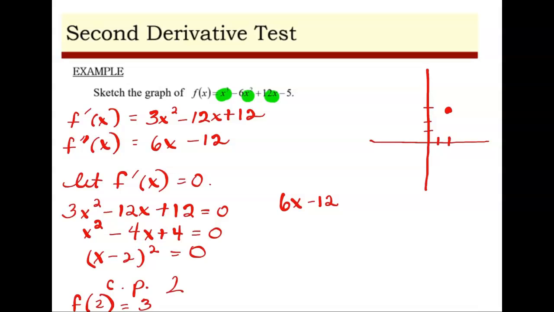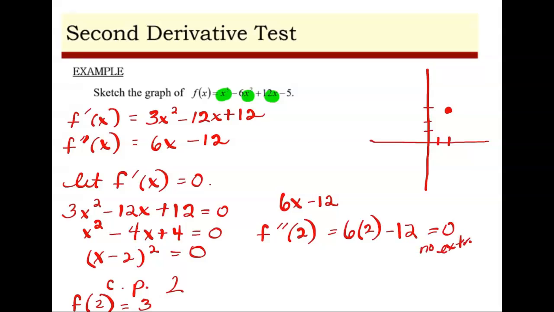All right, and now we need to set about trying to figure out what's going on at that critical point. So we're going to look at that second derivative. We have 6x minus 12 for our second derivative, and we're going to evaluate that at our critical point. So we need to find f double prime of 2. And we get 6 times 2 minus 12, which of course is 0.